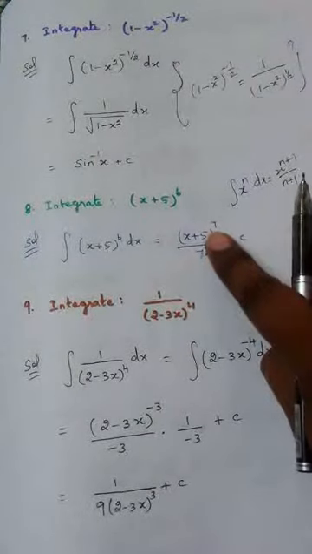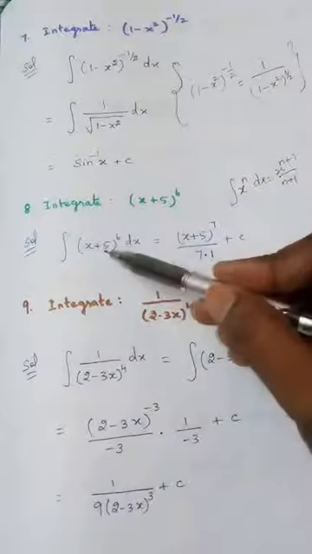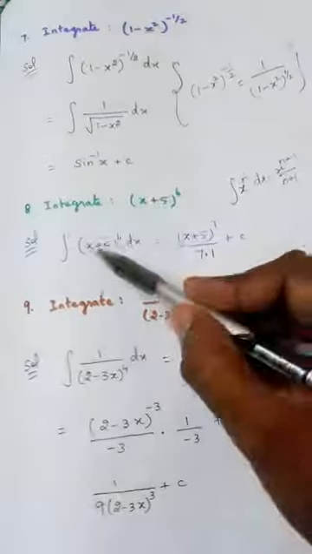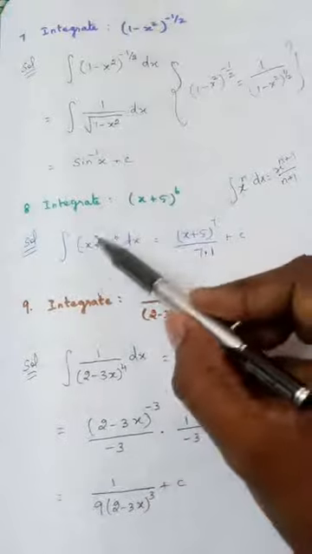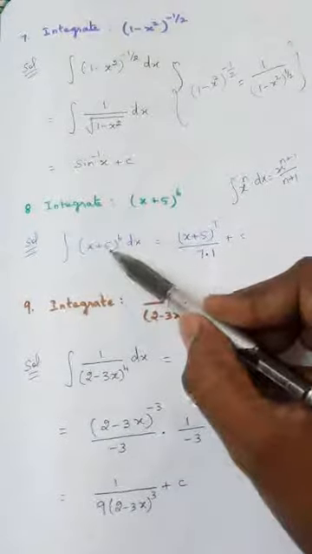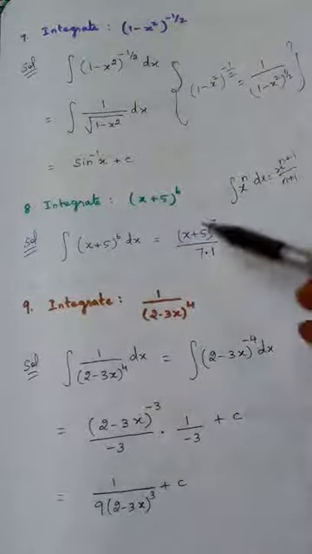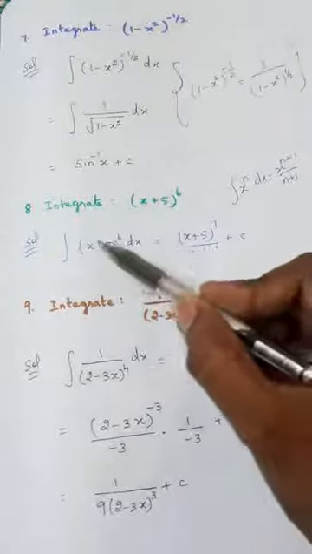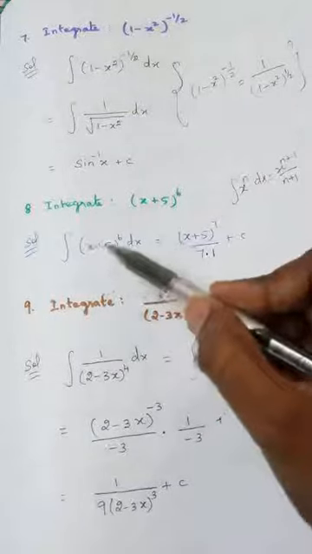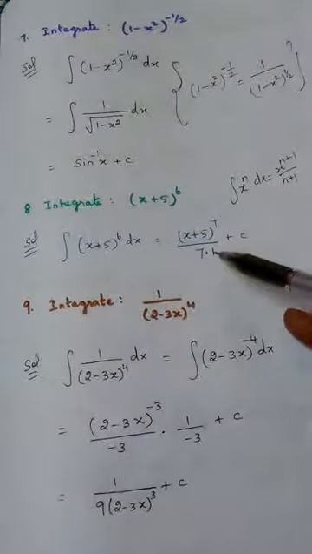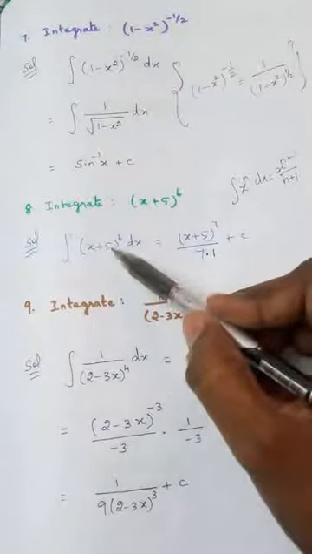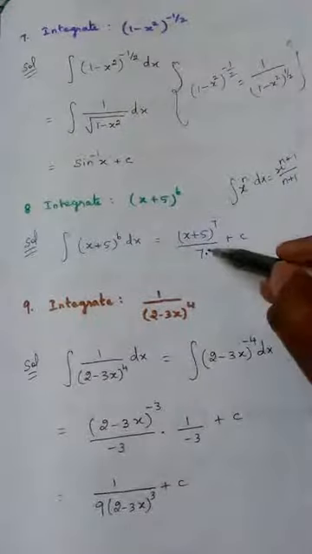Try to understand what I am telling. We are integrating this using the formula x power n dx, but in place of x we have x plus 5. We can apply the same formula, but we should differentiate this once again and write that answer in the denominator. Here the differentiation of x is 1, and 5 becomes 0, so only 1 will come.